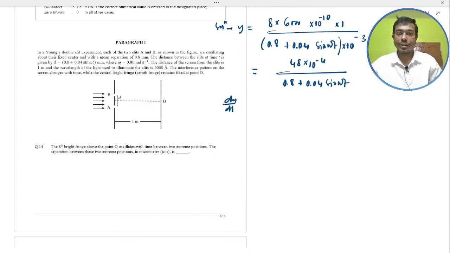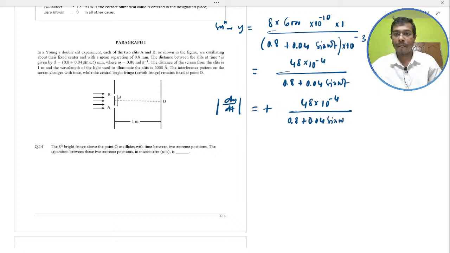So the mod value of dy by dt is 48 into 10 to the power minus 4 divided by (0.8 plus 0.04 sin omega t) whole square, into 0.04 omega cos omega t. At t equal to 0, v equals Vmax.